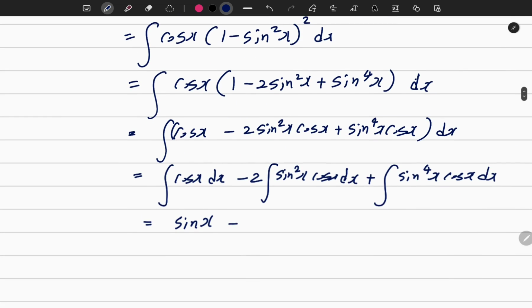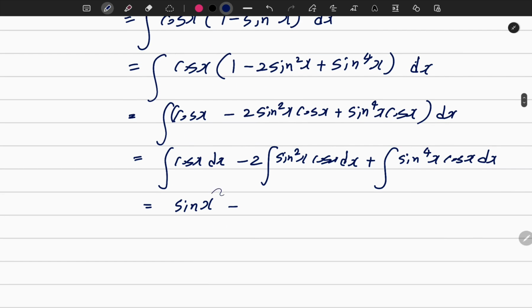So this is my sin x minus, if I consider that this is fx and this is n and this is what? F dash x, right? If I think fx is sin x, f dash x is cos x, then n is 4, right?